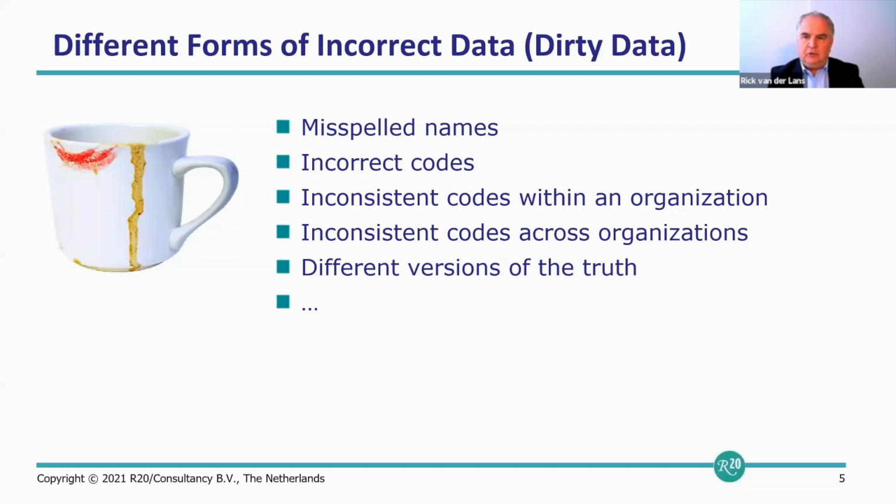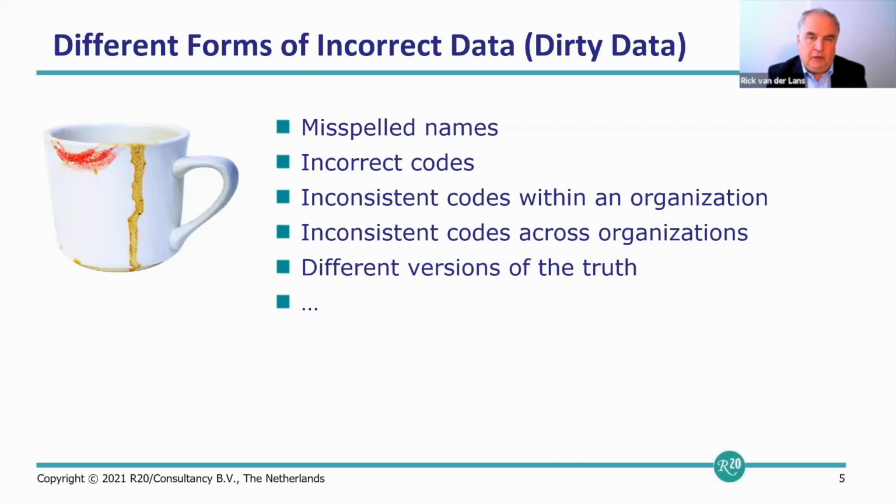And then, of course, inconsistent codes within an organization. It could be, for example, that you have a sales system in which you store customer data and a finance system in which you store customer data. But because one system you built yourself and the other one you bought, those two systems are not using the same key structures to identify the individual customers. If that's the case, how do you want to integrate customer data from those two systems?